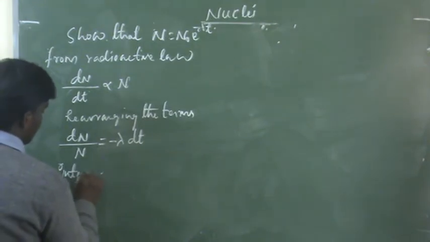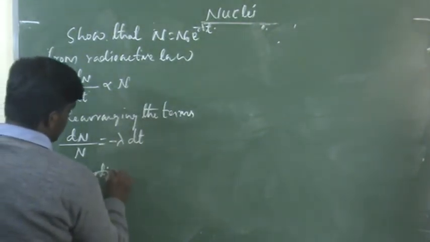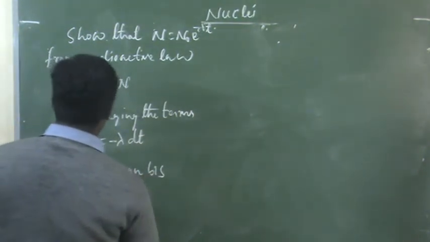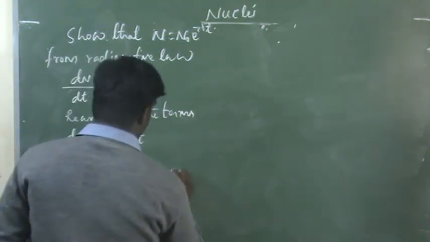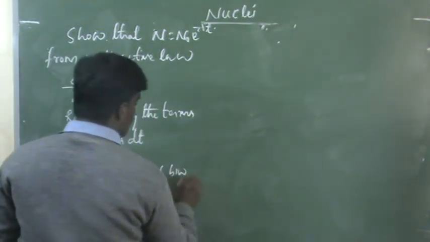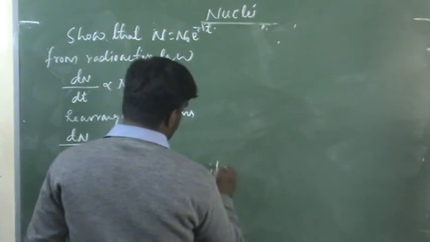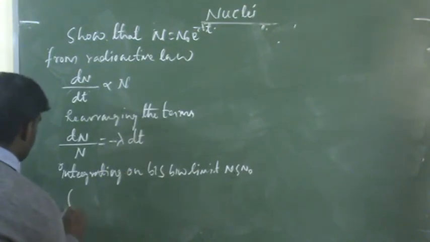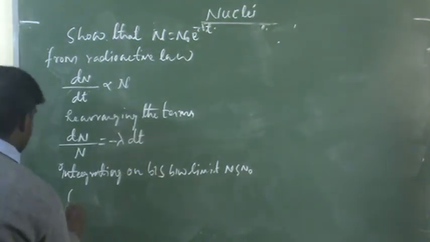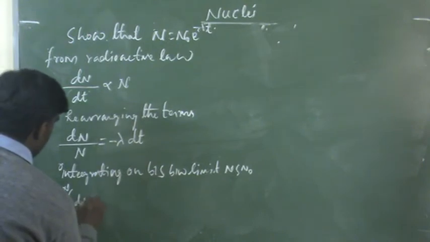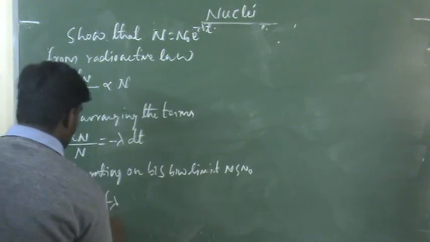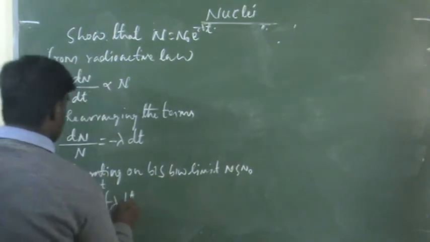Integrating on both sides between limits N naught and N: integration of N naught to N of dN by N is equal to minus integration of 0 to t of lambda dt.